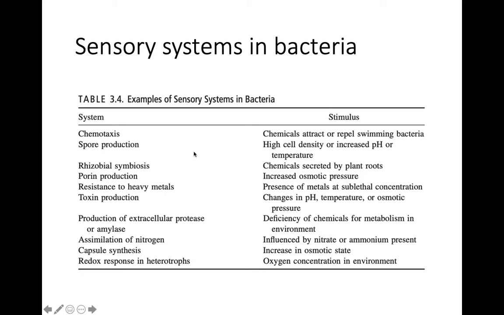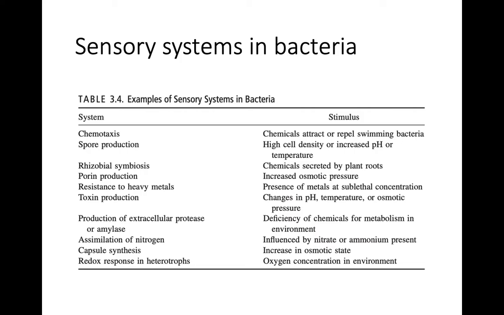Also, in the case of spore production, a change in the cellular density as well as change in temperature or pH will result in cells ensuring that they survive in the following seasons. So some of them will produce spores. Also, we have chemicals that are secreted by plant roots.